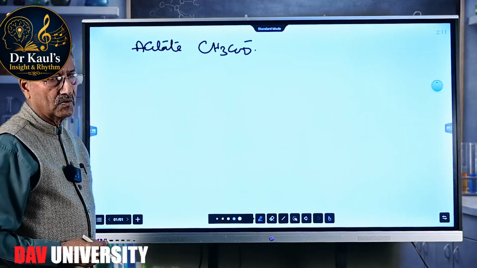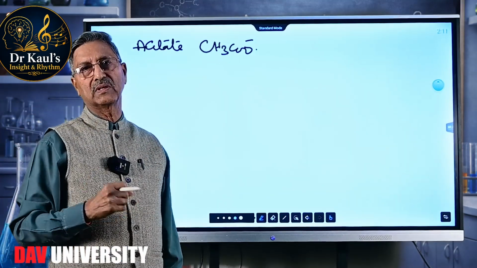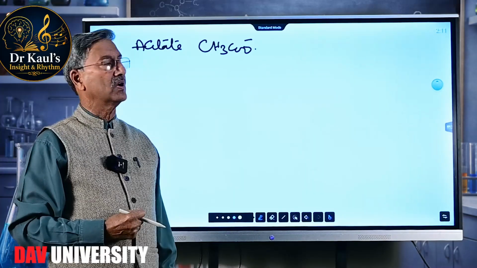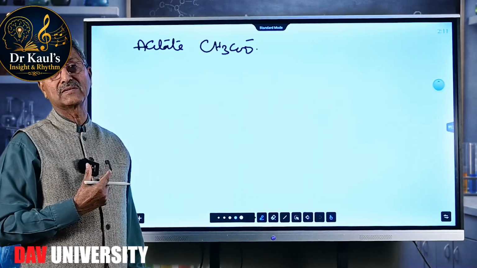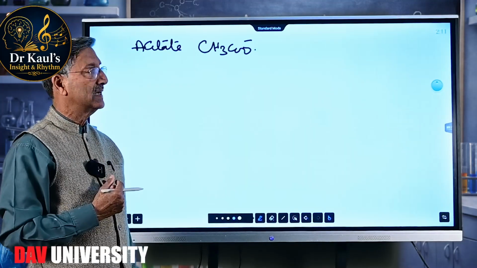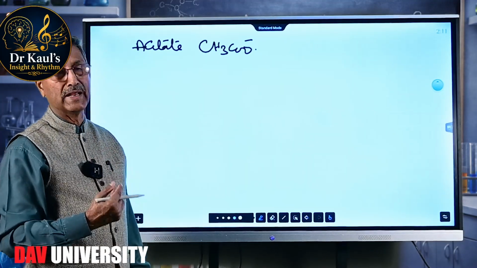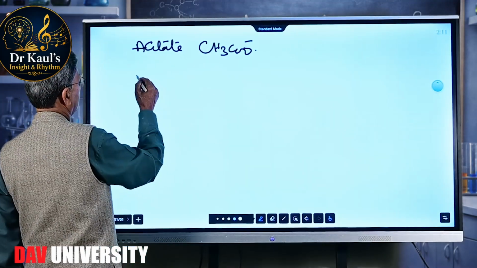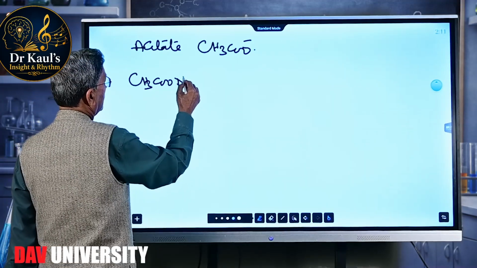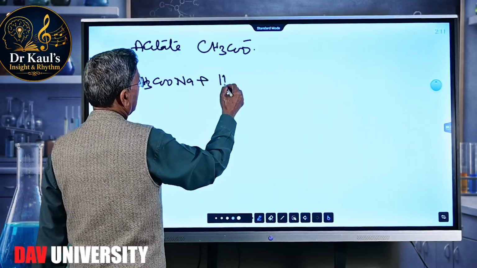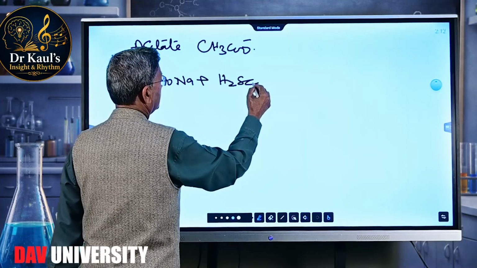In this case, we take the salt mixture, heat it with concentrated H₂SO₄, and check the characteristics of the gas coming out, and we get a smell like that of vinegar. So how? Let us say we have got sodium acetate. We add H₂SO₄ to it.